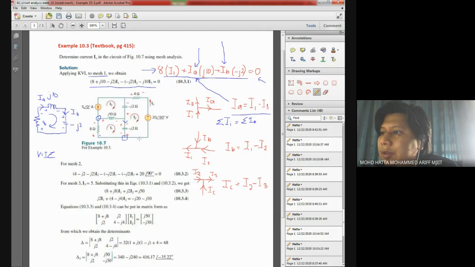So this is a definite current coming in and out of that node. So using this node, I can write down my IB. IB is given as I1 minus I2 in this case.